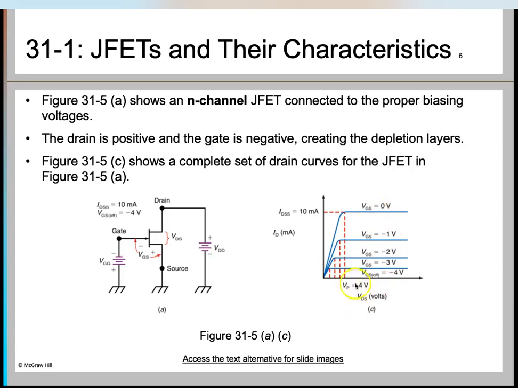And so here it will act as an open circuit, and here this is called your saturation region, and in the saturation region the JFET becomes a good conductor and is controlled by the gate source voltage, while the drain source voltage has little or no effect.